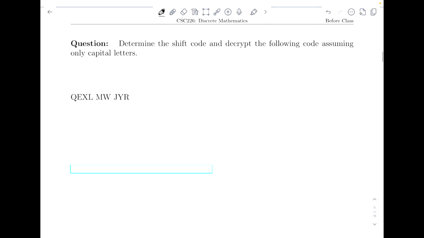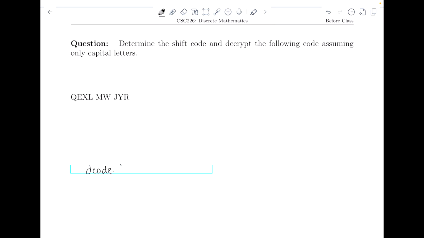So let's go ahead and try an example. I have the shift code and I want to decrypt the code, assuming I'm just going to have only capital letters. And I wanted to point out here that there are websites.